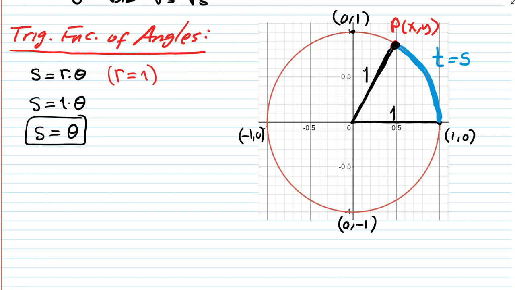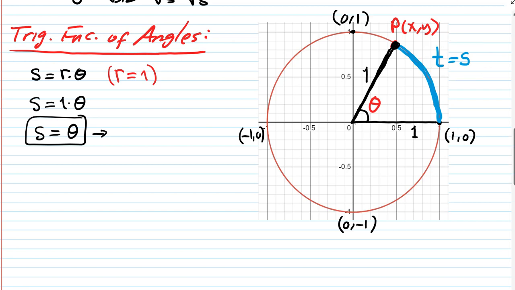So what we're saying is that the measure in radians, real numbers, of the central angle theta and the arc length are exactly the same. And that is only true for a unit circle. And if that's true, then here's what we can do. Remember, t and s are the same.